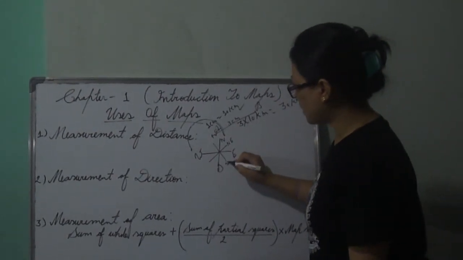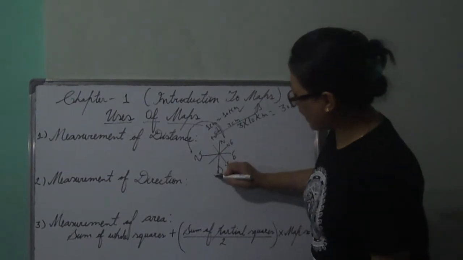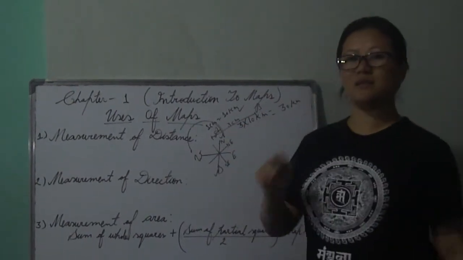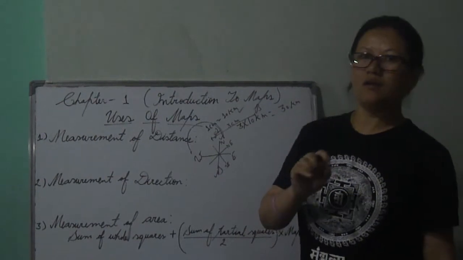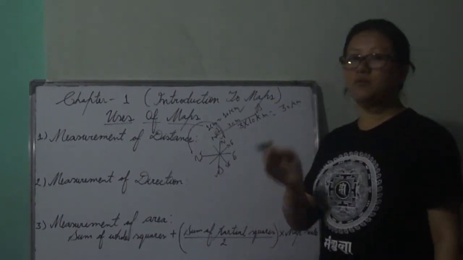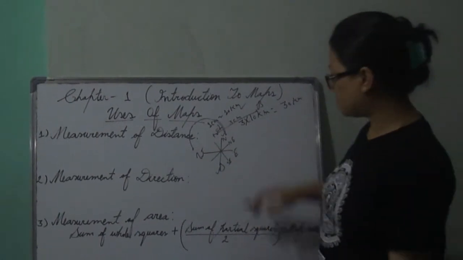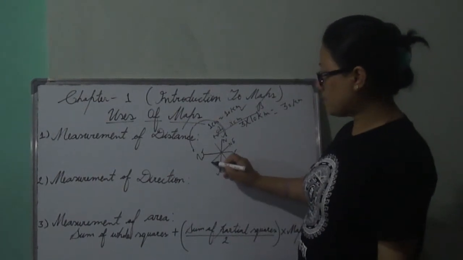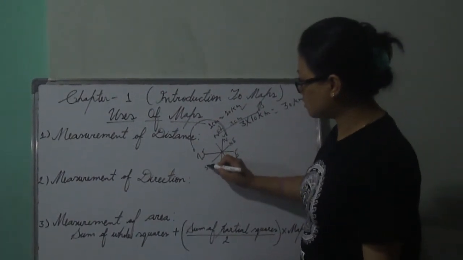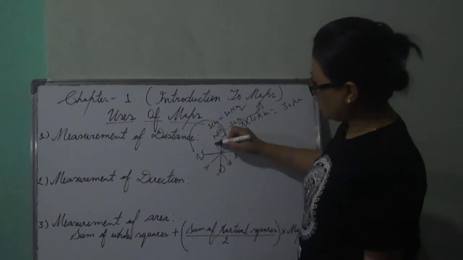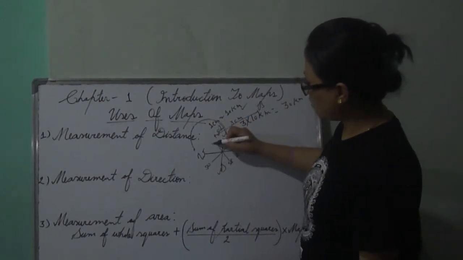This would be south-east. Please make sure we keep north and south as the main line, the baseline, so it will be easy for you to remember and to name them. In the same way, the name of this line would be south-west, and this direction is north-west.